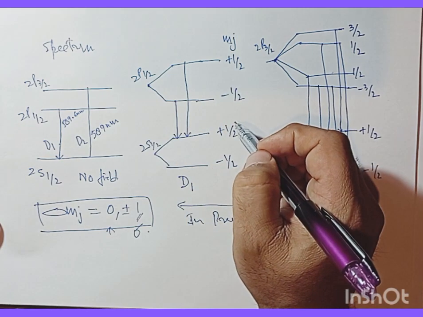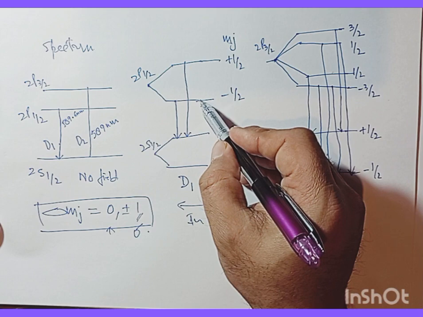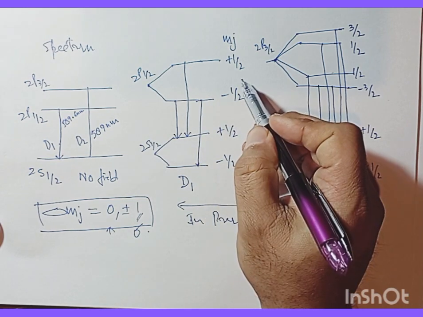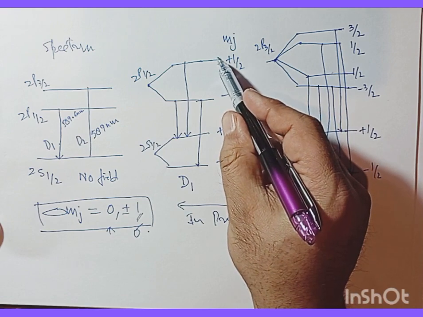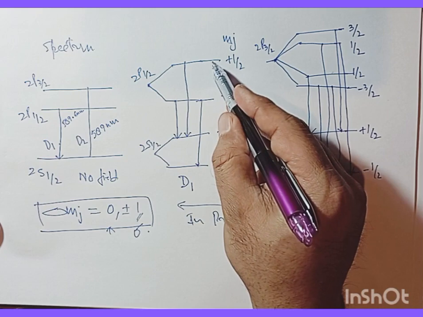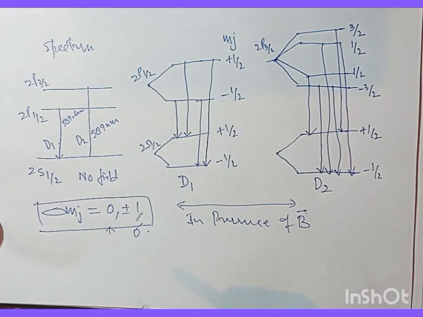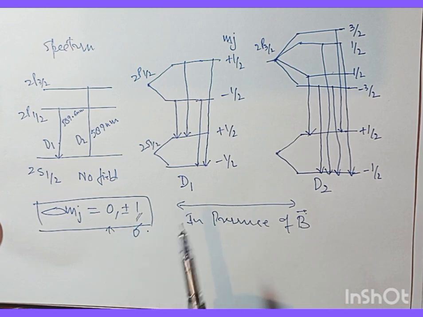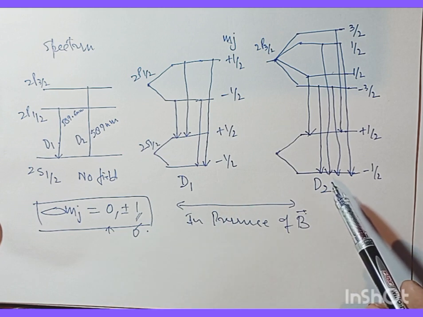The next transition we can have is from minus 1 by 2 to minus 1 by 2, and another is from plus 1 by 2 to minus 1 by 2, and they follow the selection rule. You can check delta mj for this D1 line, and you can also check delta mj for this D2 line.